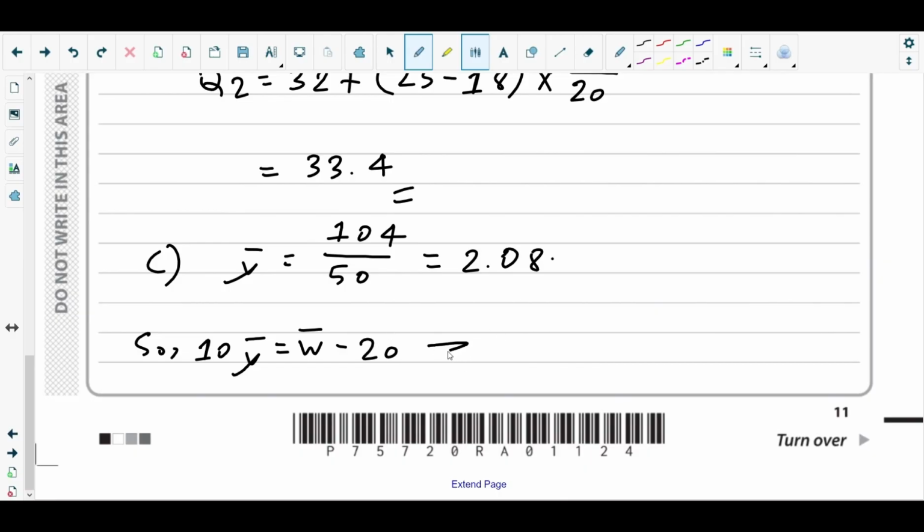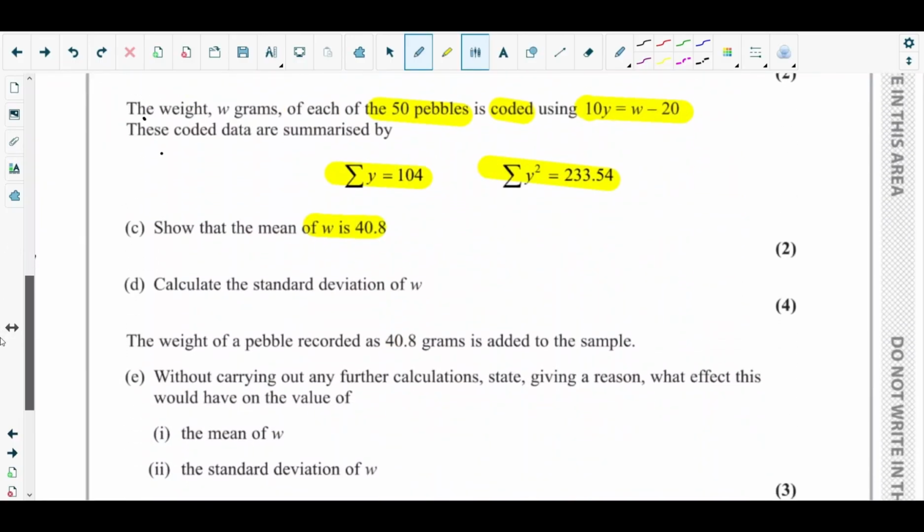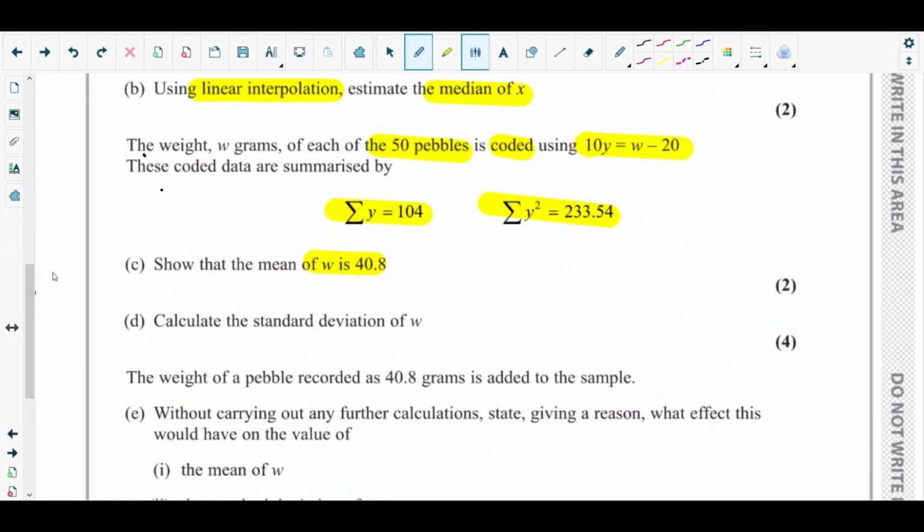So w bar equals 10 times 2.08 plus 20. That would be 20.8 plus 20, that is 40.8. W bar is 40.8. So part C has been shown.